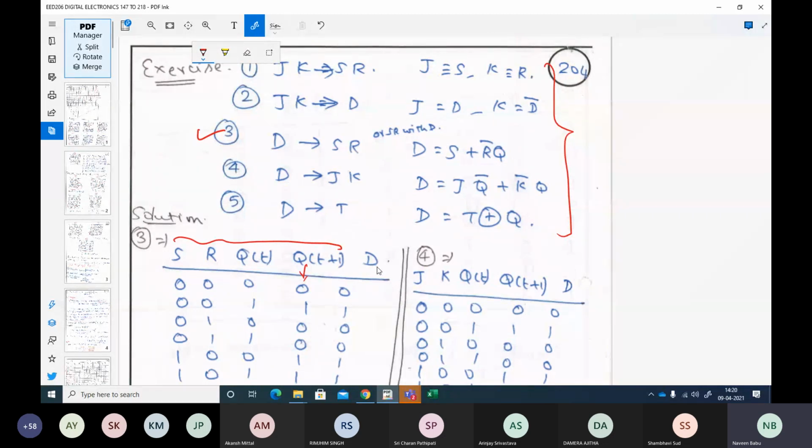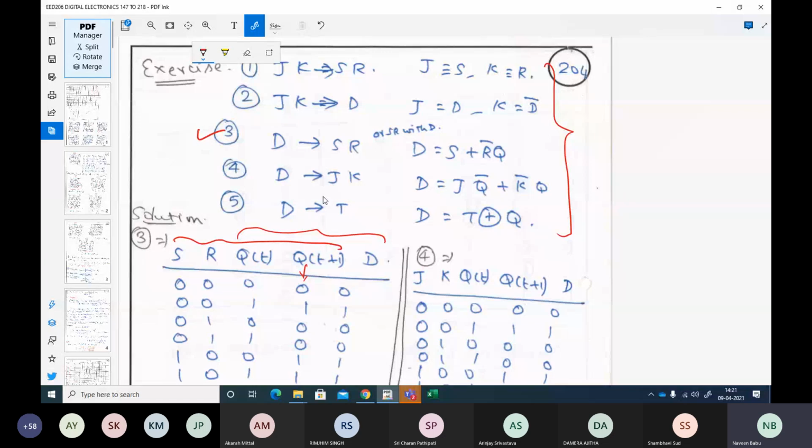And this will be the excitation table of a D flip-flop. We all know that a D flip-flop is not dependent on the present state, it just depends on the next state. So 0, 1, 1, 1, 0, 0, 0, 0. We just copy our next state inputs to our D flip-flop inputs.